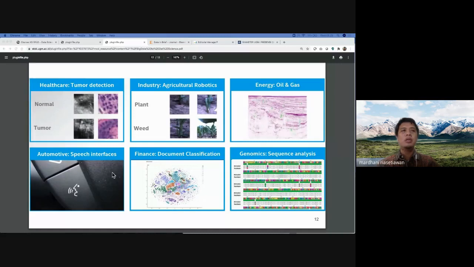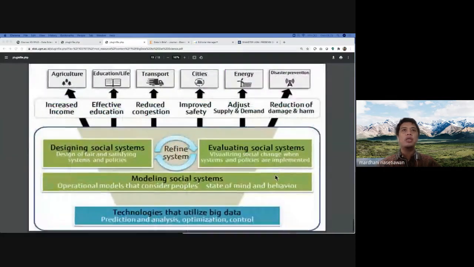We do speech interfaces for the automotive industry, and document classification to identify fraud in documents, for example, and also using genomics in bioinformatics for sequence analysis. So the rest is what we want to do: increase income, improve education effectiveness, reduce congestion, improve safety, adjust supply and demand, and reduce damage and harm, in terms of how we use data science to solve these many problems.